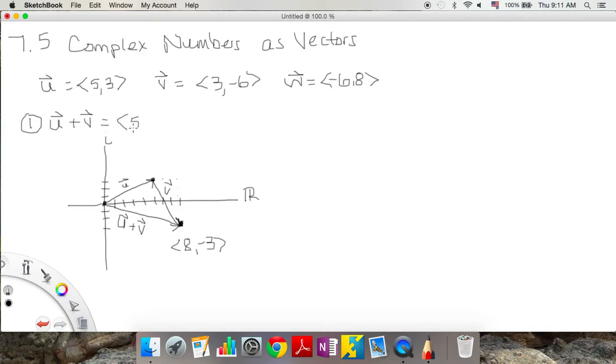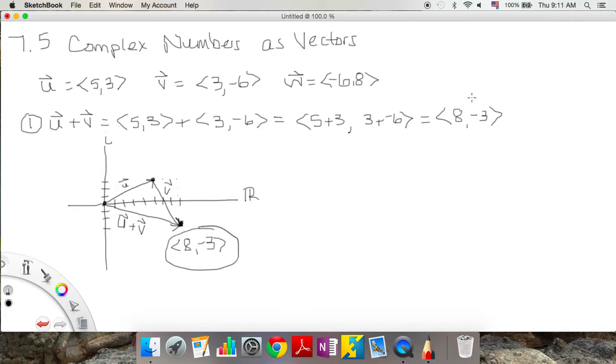You can take the individual vectors and add the real part and add the imaginary part to end up with the new vector. And you see that you get the same thing. You should, because it's the same problem. You can do it graphically and you can do it analytically, either way.